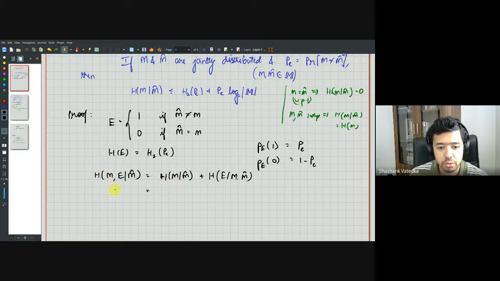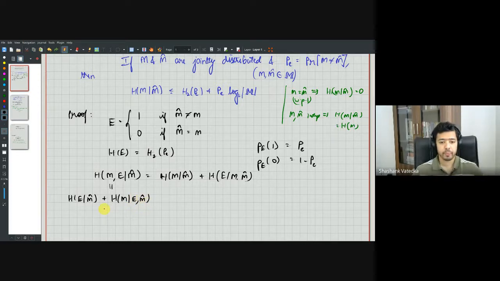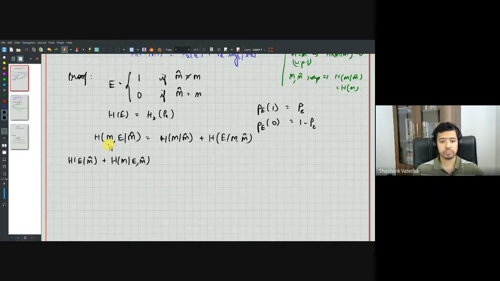So this is one way of expanding h of M E given M hat. Another way of expanding this is to use h of E given M hat plus h of M given E comma M hat. So these are two different ways of expanding the same term using the chain rule. Now let's see, what do we want?